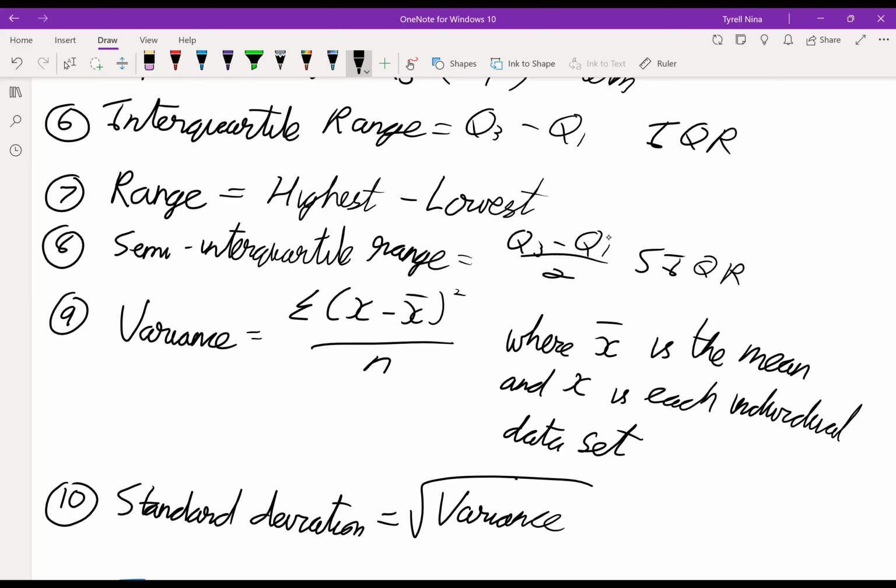Standard deviation, square root of the variance. So you'll add up all of them, and then you divide by n, where n is the number of terms.